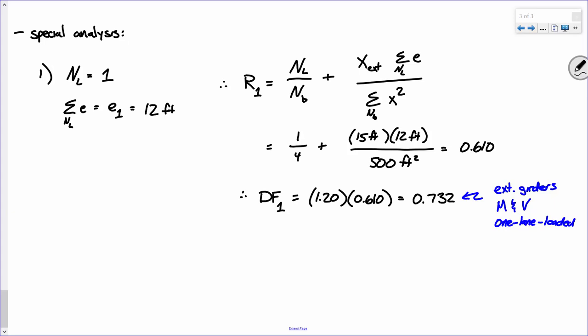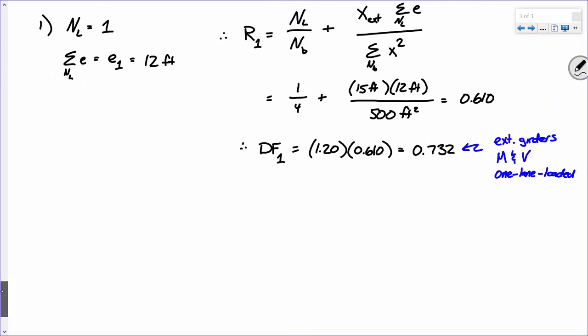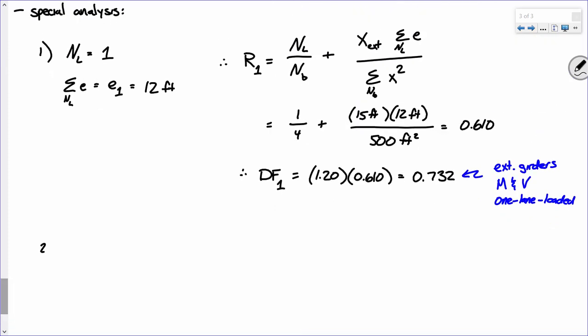Now let's do it again for case 2. So what do we have? In this case, we have 2 lanes loaded. We have the sum of all of our eccentricities being E1 plus E2, which just so happens to be 12 feet as well, right?